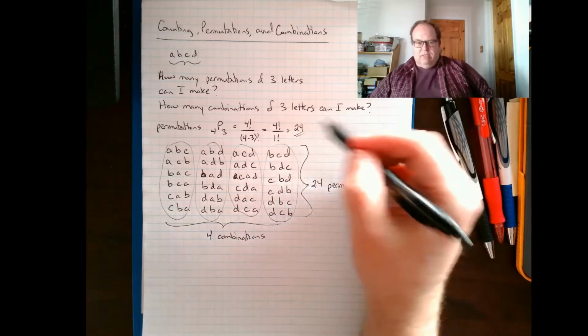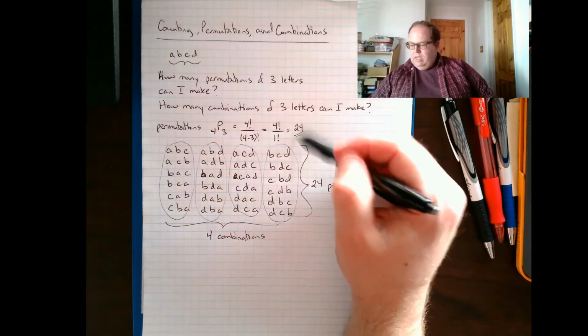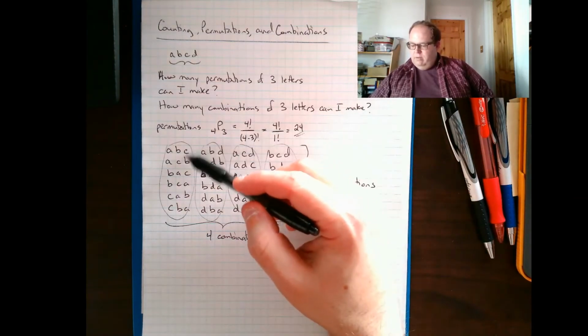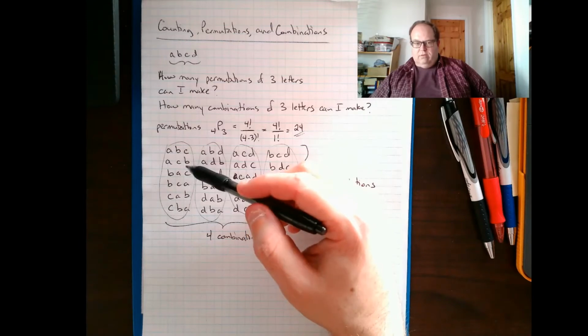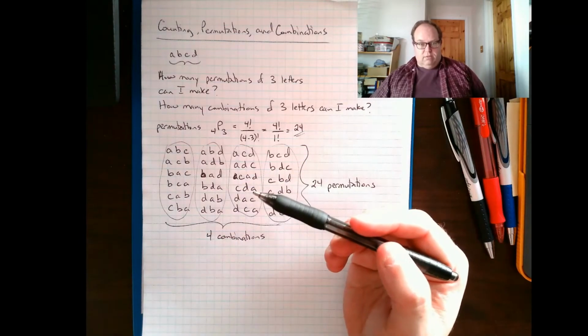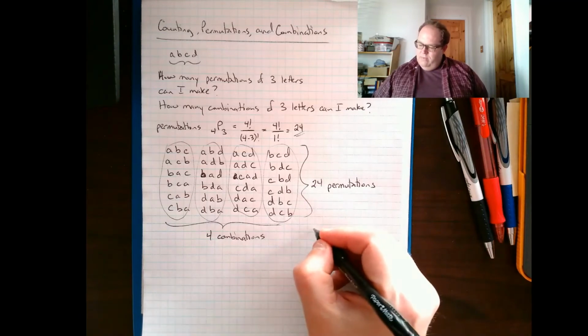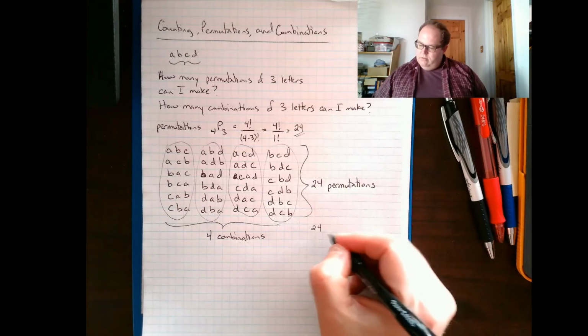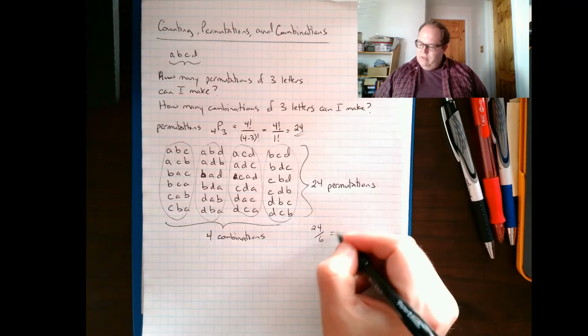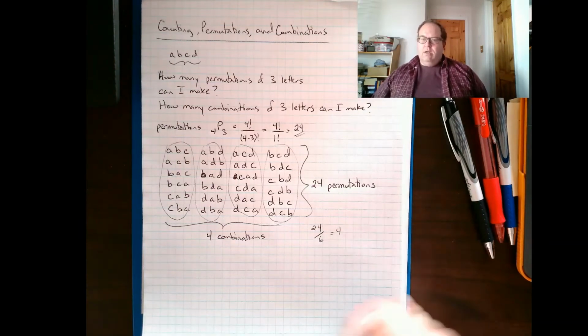And what happens is that when you count permutations, you end up overcounting repetitions of the same letters. It's an overcount for combinations. So effectively, in this case, it would have been the 24 permutations divided by 6 to get the number of combinations.